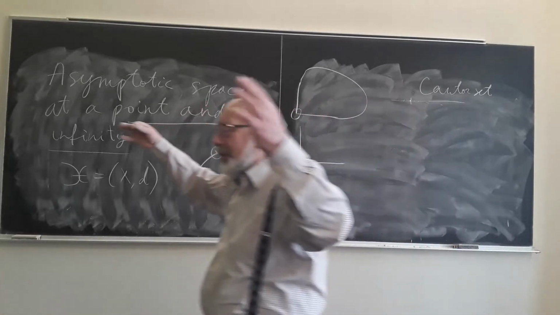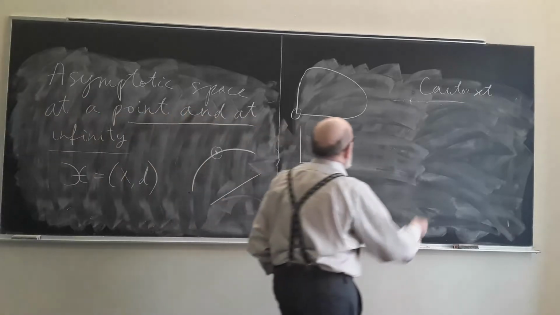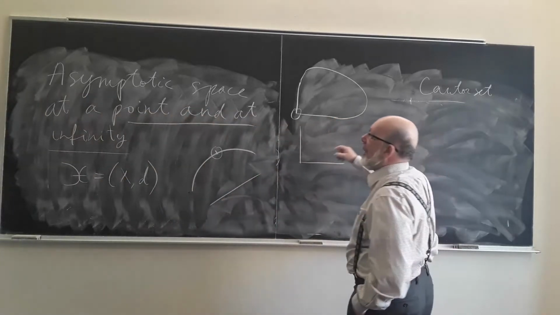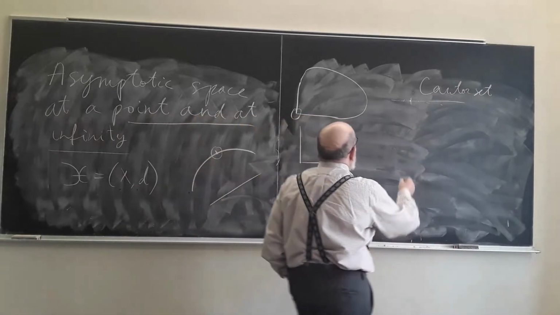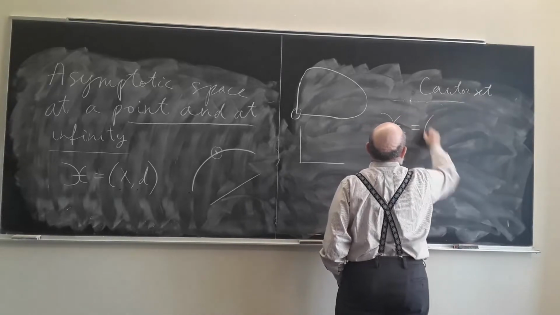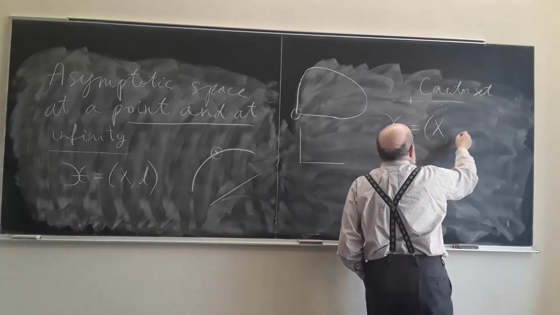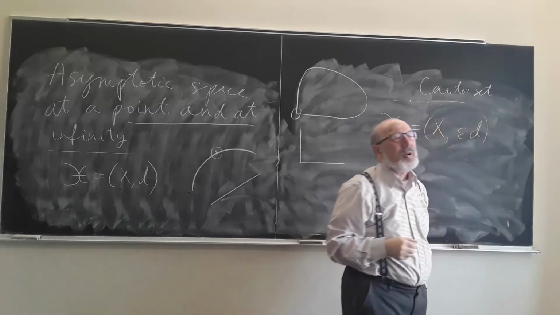If the space is unbounded, then you can use a telescope instead of a microscope. So you consider our space X, d, and let us consider the space X epsilon, the same X, and we multiply the metric by a small number epsilon.